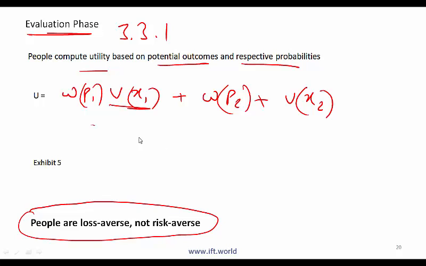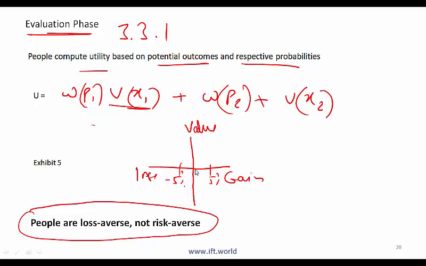So here is the simple exhibit. If we are given gains and losses on the x-axis, so this means you are making, say, a gain of 5%, this means you are making a loss of 5%, and so on. And the y-axis represents value.